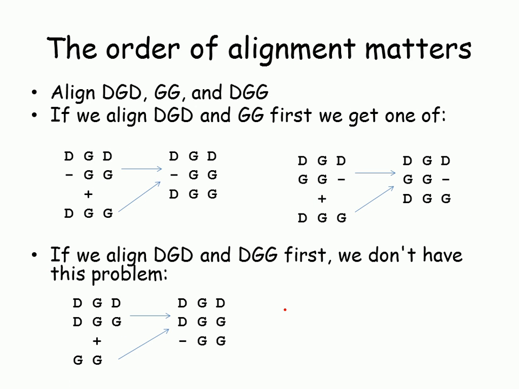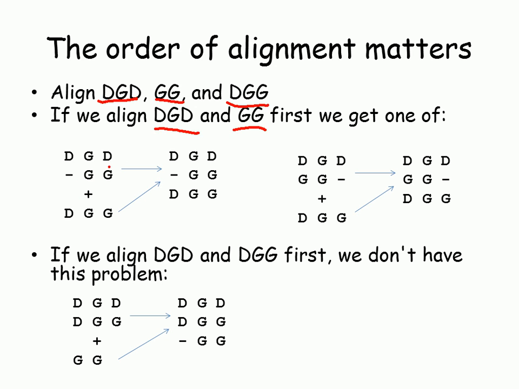When we do such pairwise alignments to build a multiple alignment, the order in which we perform the alignments matters, and it will change the result that we get. So let's have these 3 sequences, DGD, GG, and DGG. Let's align DGD and GG first. We have 2 options to do that.